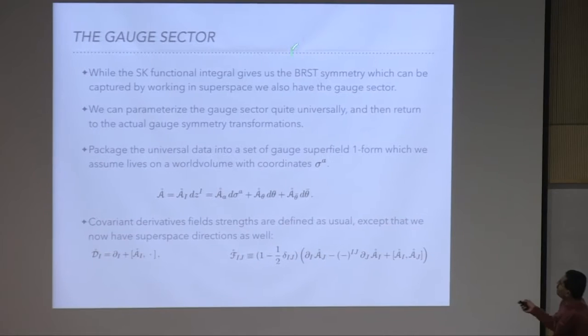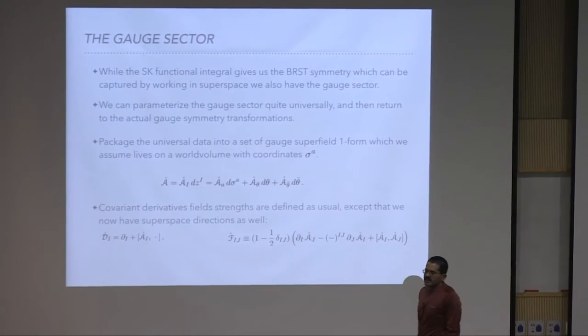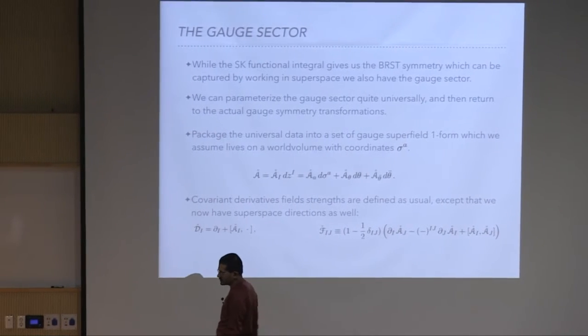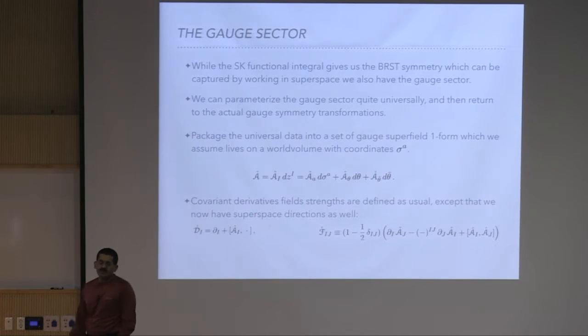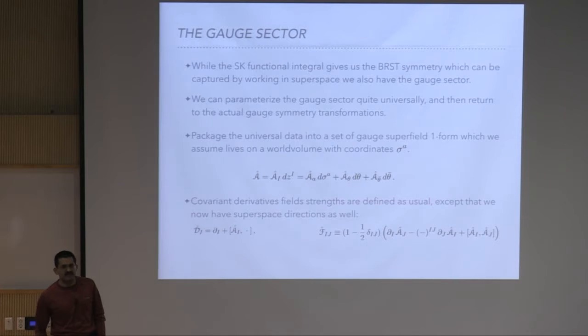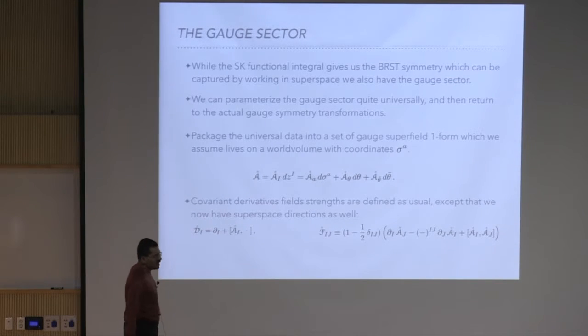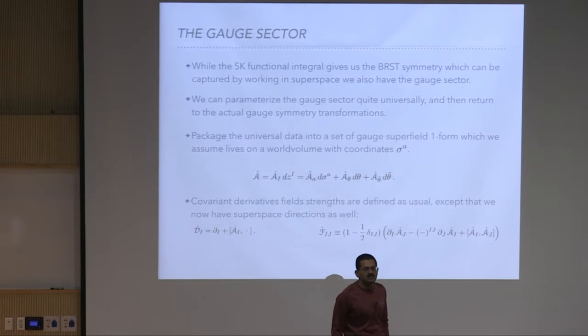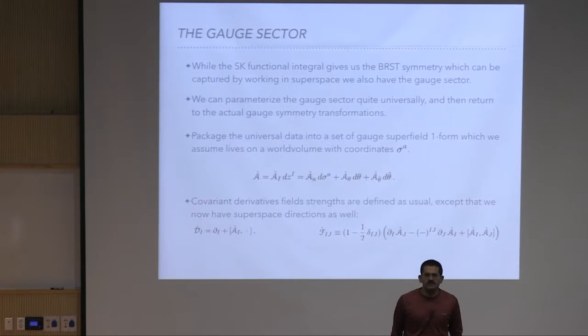We have the Schwinger-Keldysh BRST symmetry that I've already captured by going to superspace. But there's also what I'm going to call the gauge sector, and this gauge sector is different from the redundancy of the BRST. This gauge sector is going to be there to capture the KMS condition.